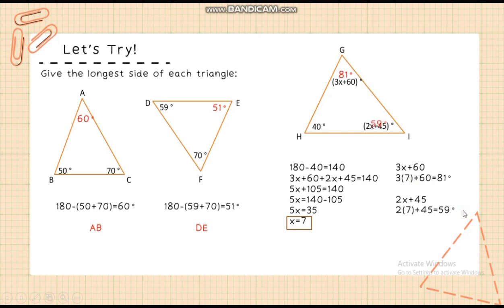So therefore, the value of angle I is 59 degrees. Now let's identify which of these three angles is the largest. The largest angle is angle G. Therefore, the side opposite of this angle, which is side HI, is the longest side.